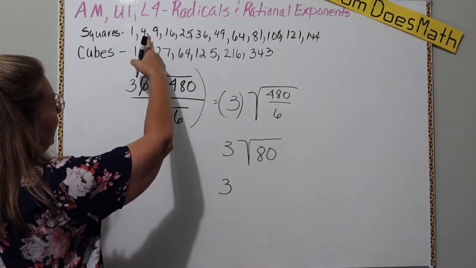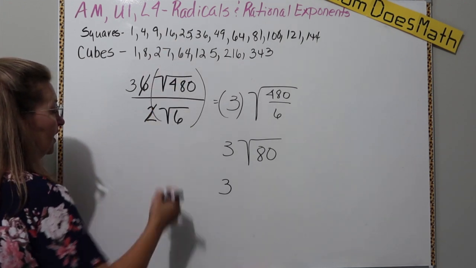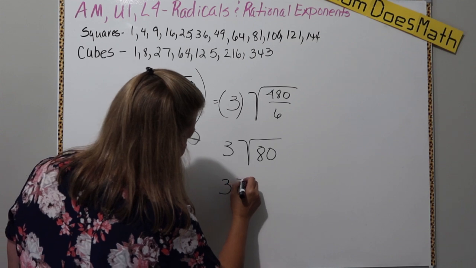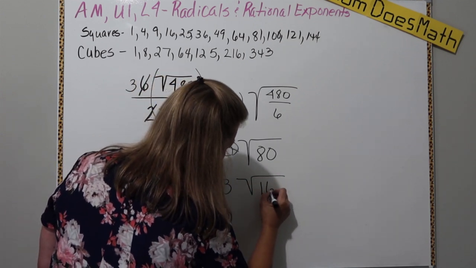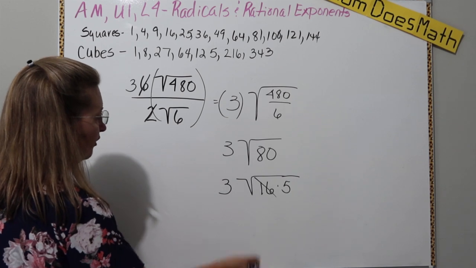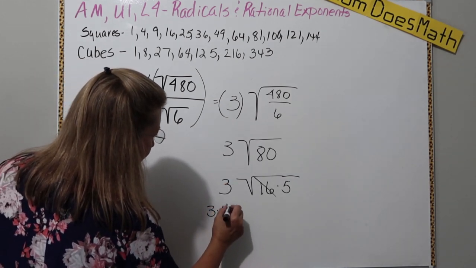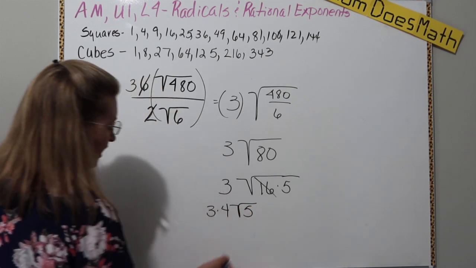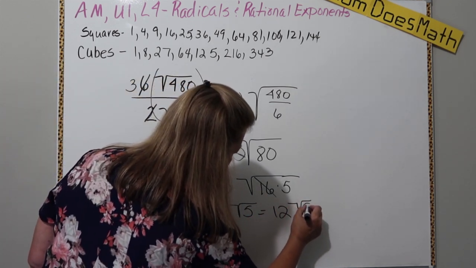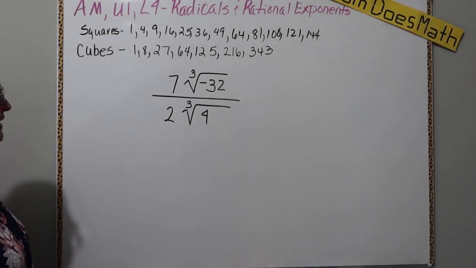I know 4 will go, 4 times 20 will go twice. So 80 is equal to 16 times 5. Now what's the square root of 16? 4. So when you pull that 4 out, now you have 3 times 4 times the square root of 5, which is 12 square root of 5.